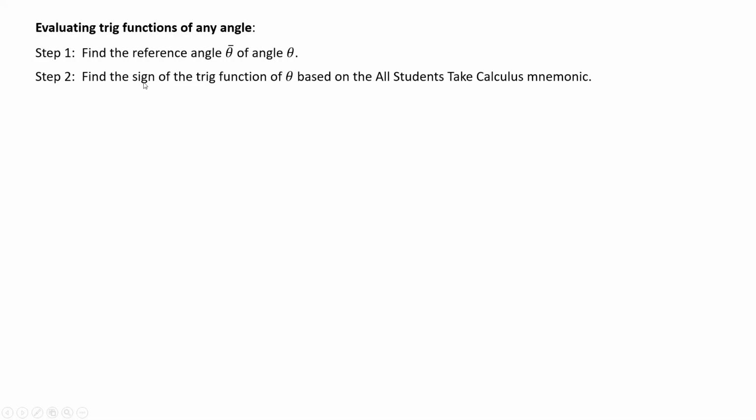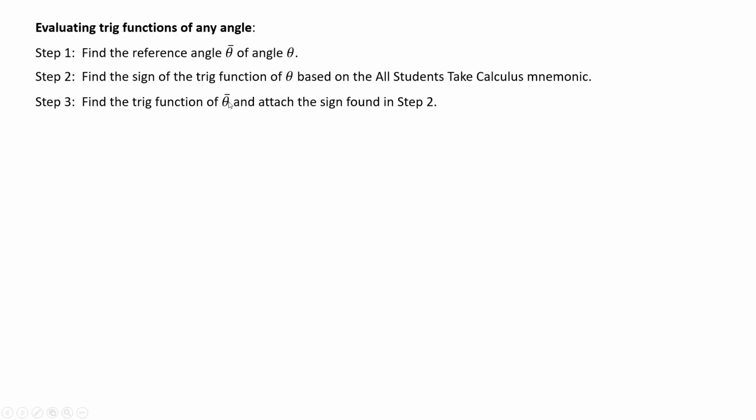The same thing if we were looking at cosine of 120 degrees. Oh, cosine is negative in the second quadrant. So that's the sign. You need to figure out what the sign is, positive or negative. And then find the trig function of theta bar, of the reference angle.